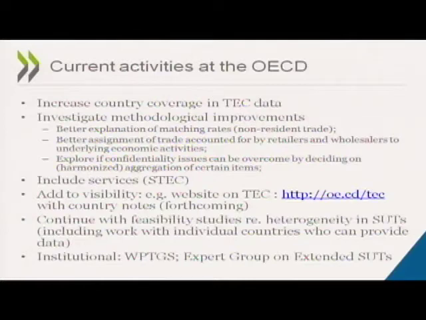Within that committee, we have recently established an expert group on extended supply and use tables, and we will have our first meeting tomorrow afternoon to discuss many of these things and see how we can overcome some of the problems that we are encountering and that have been illustrated at the macro level. But the further down you dig, the more problems we will no doubt encounter. So we will have some very interesting conversations there.